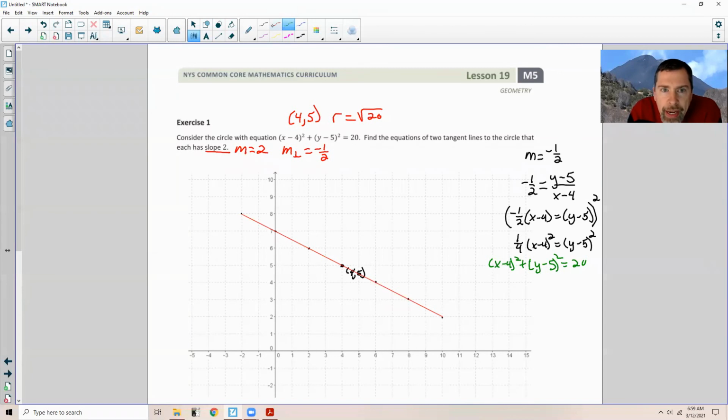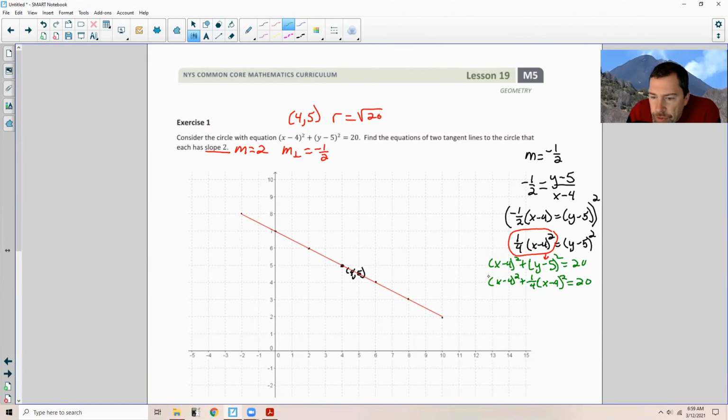Okay, so now we have (y minus 5) squared equals this. So we're going to substitute it in right here. So we're going to have (x minus 4) squared plus, and instead of (y minus 5) squared, we're going to replace that with 1/4 (x minus 4) squared, equals 20.